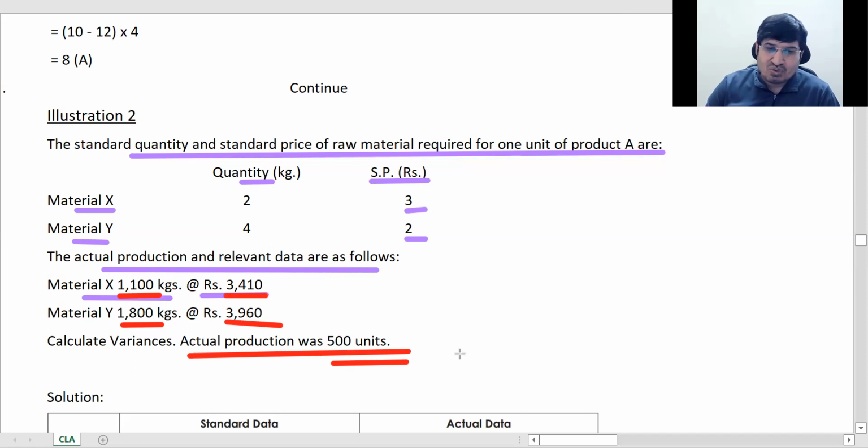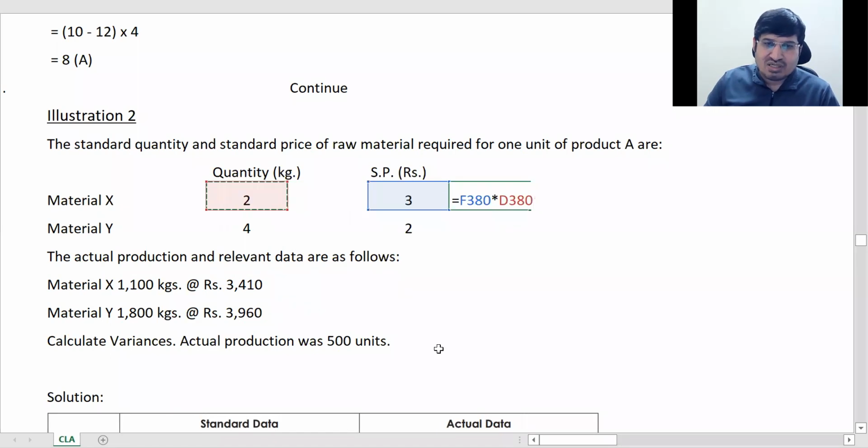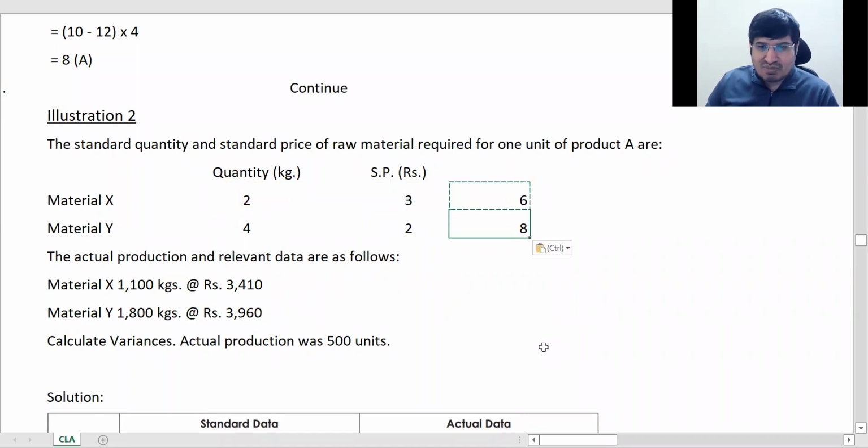So now we'll have to prepare a table of standard and actual. This is for 1 unit. So for 1 unit, the amount will be what? I'll have to multiply 3 into 2. This will be the amount for this and this will be the amount for this.